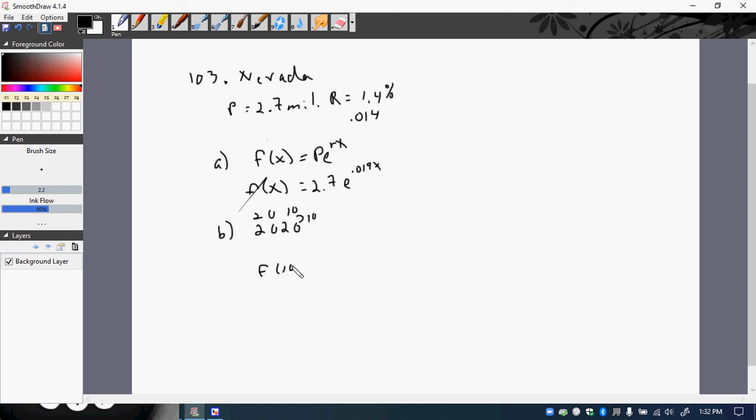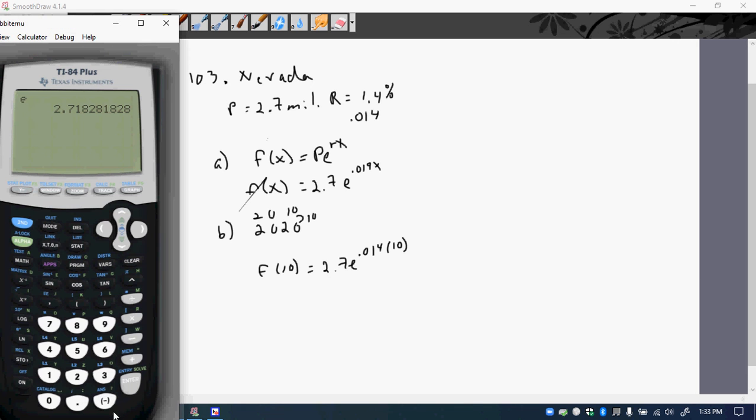So f of 10 equals 2.7 e to the 0.014 times 10. Okay, so let's go ahead and calculate that.